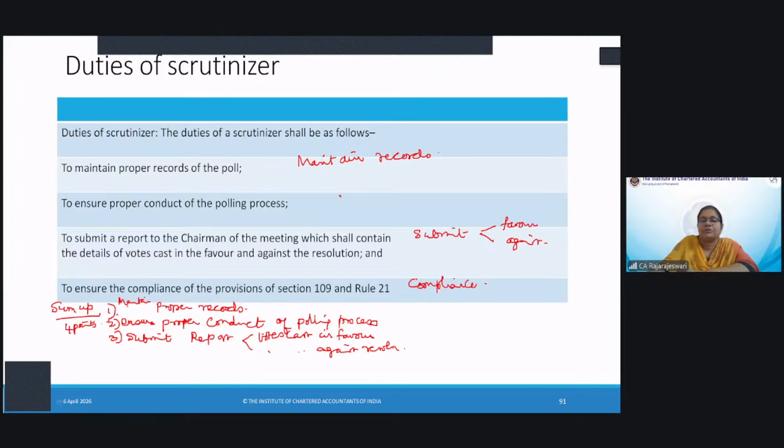Both he should give in his report in the form of a statement, the details. Then it is his duty, why he is appointed, mainly for compliance purpose. So ensure compliance. Complying with what? Ensure compliance with the provisions of the Act.